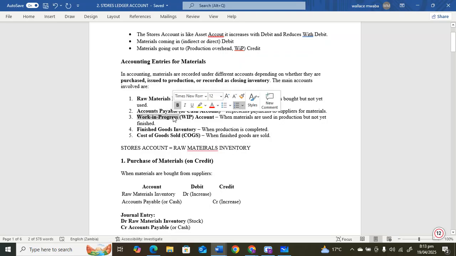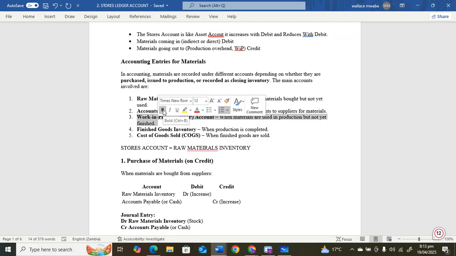Work in progress. It means materials have been used, but you haven't finished making the finished product. You're still in the process of making the finished product. So work in progress is still under the asset account because you're still dealing with the raw materials.